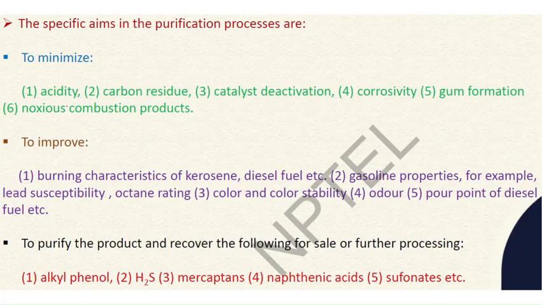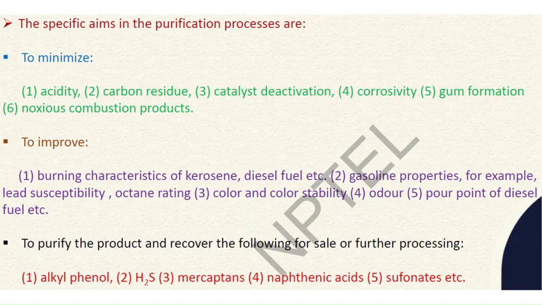Then catalytic deactivation should be minimized so that the regeneration of the catalyst is efficient, and moreover, it does not affect the efficiency of the catalytic cracking unit. Okay. So the main aim for purification is to reduce the acidity of the products.